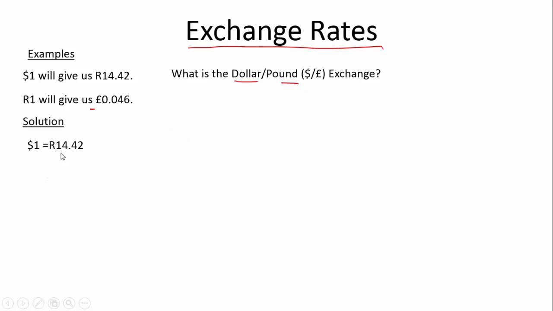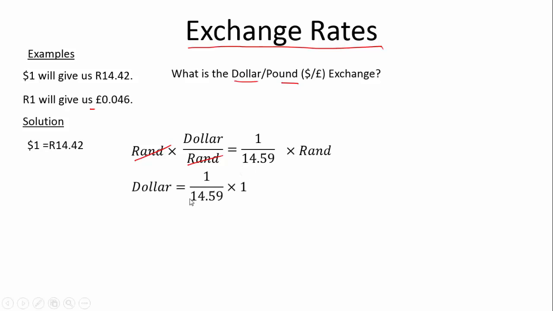So $1 is 14.42 rand. So the dollar over the rand is 1 over 14.42. Remember, we're going to times rand on each side. Cross out the rand. Now we've got dollar equals 1 over 14.42 times 1 rand. Right, we want to get this for 1 rand.